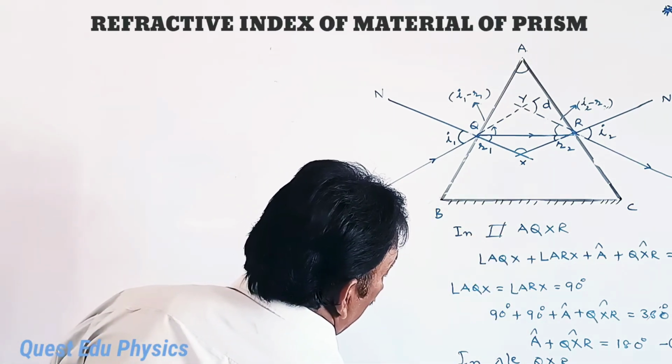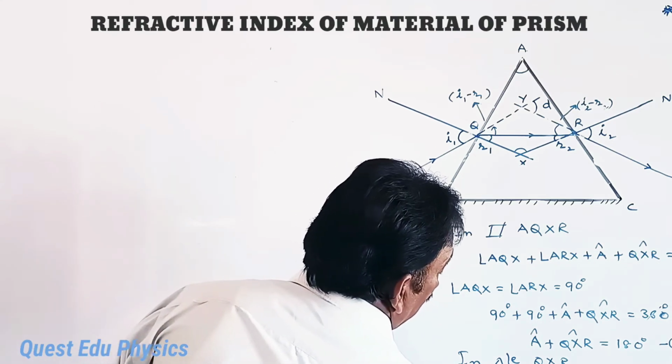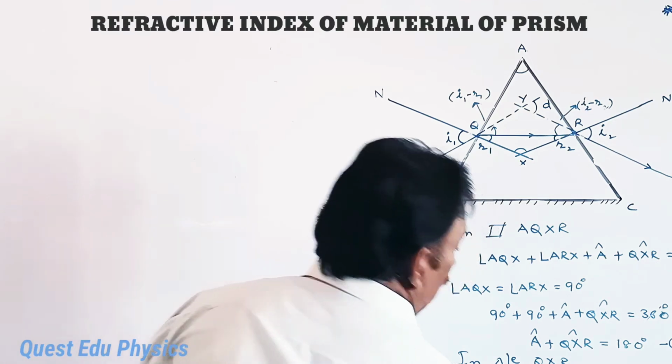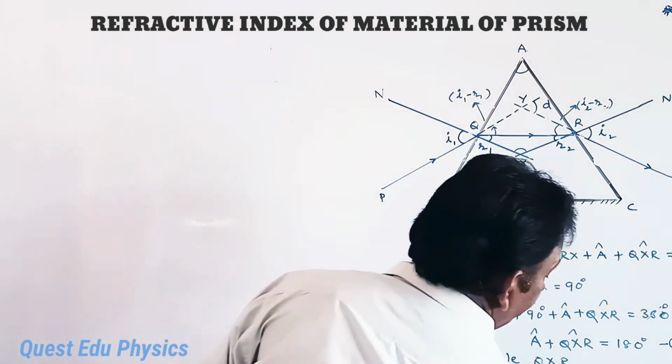R1 plus R2 plus angle QXR is equal to 180. Okay, students, say it as equation 2.